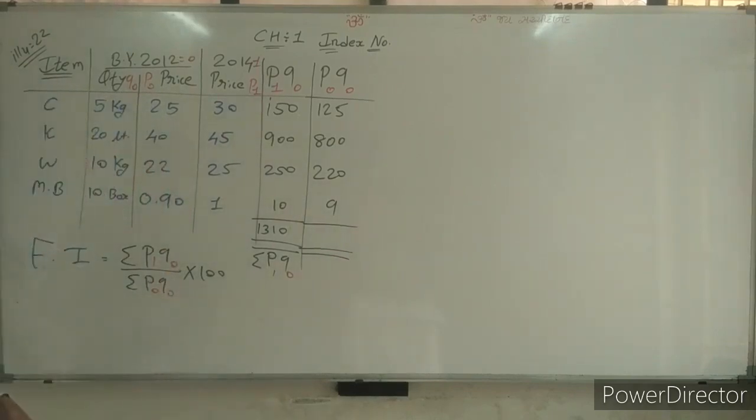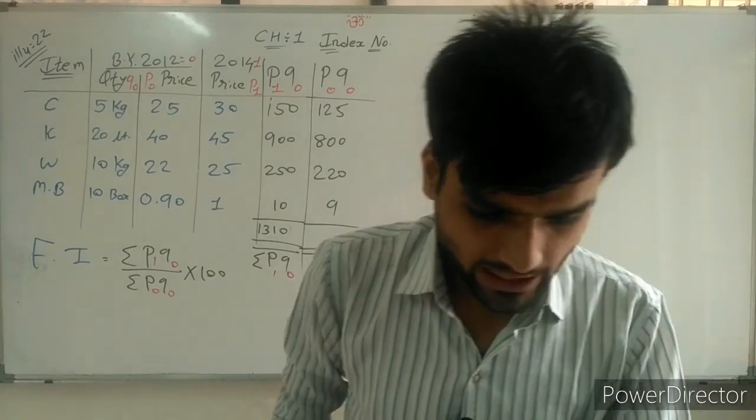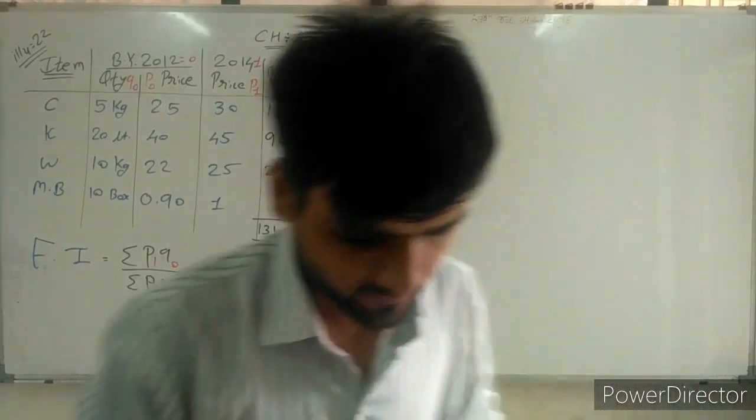Now make total of this. If you make the total of this, you get the answer 1044.